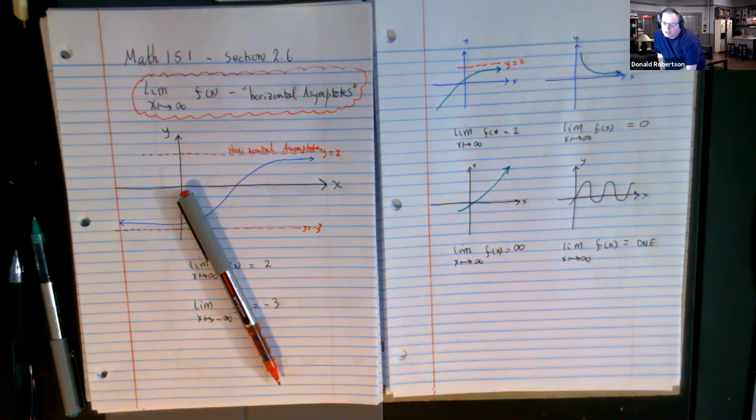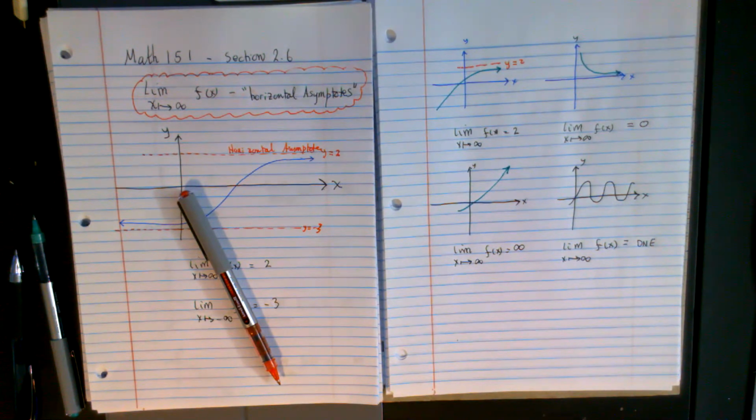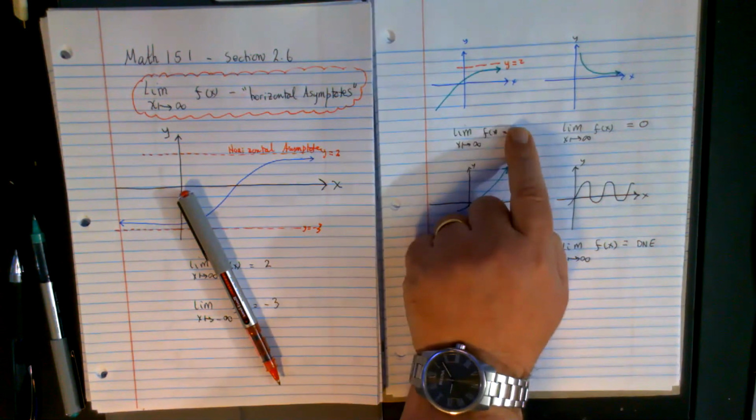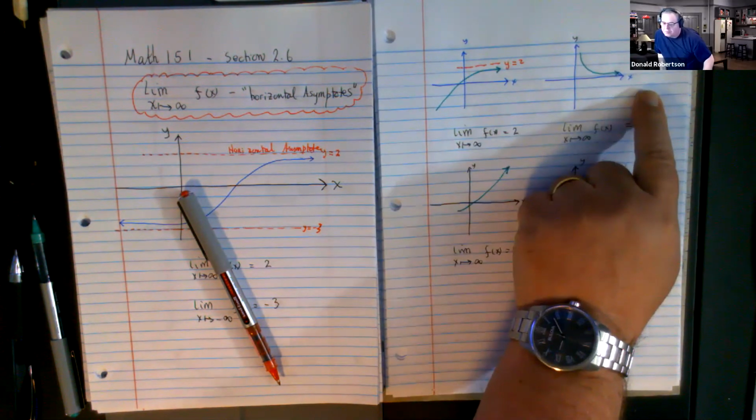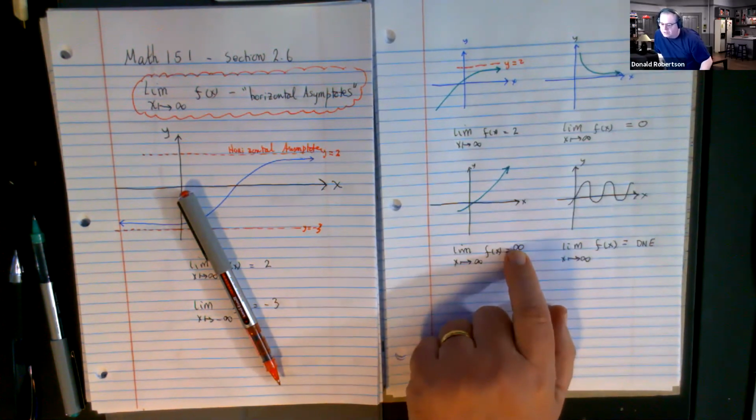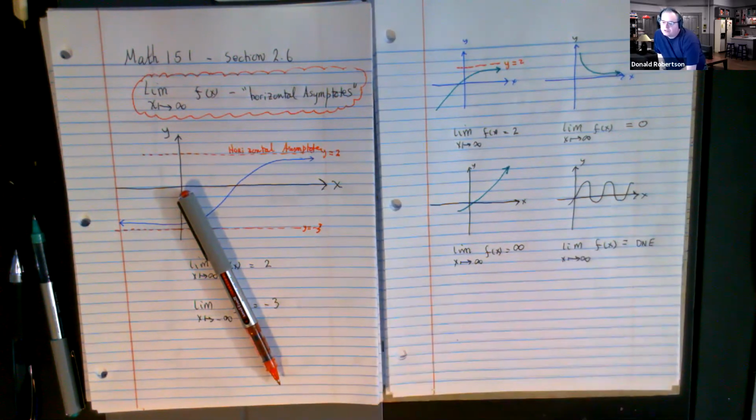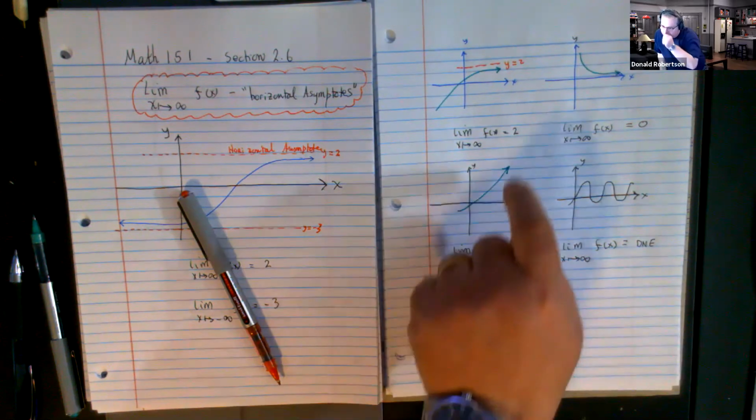So limits can be numbers, like 2 and -42, they can be 0, they can be infinity, plus or negative, and they can be does not exist. So visually, do you see what those could look like? There are not too many things that can happen as x tends to infinity, but these are the major ones.